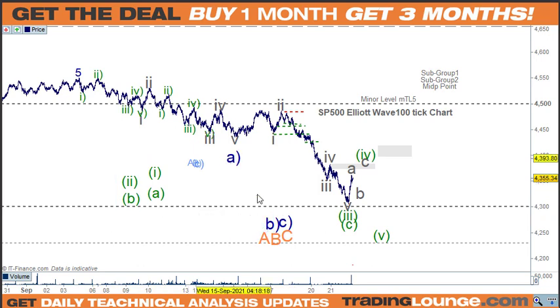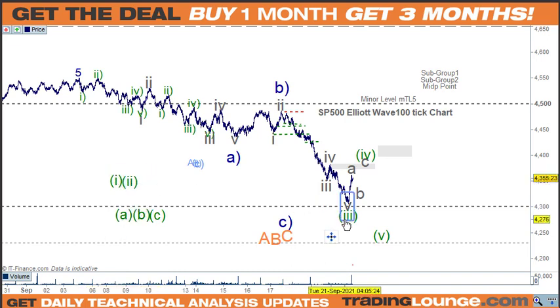I'll just put wave A and B there for a moment, and this wave C can go over here. Just put that in order. And we don't need that wave 3, or 4 and 5 there. So that wave 3 can come here. That can be the A wave here.